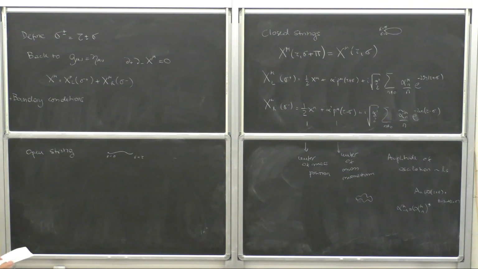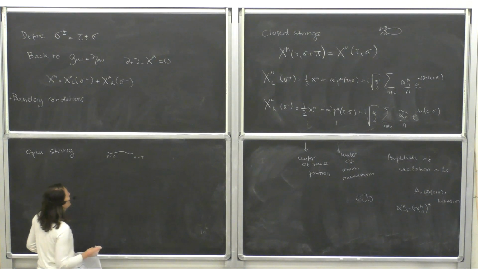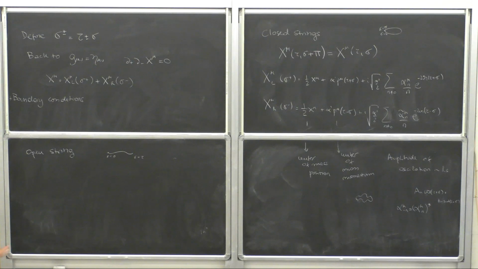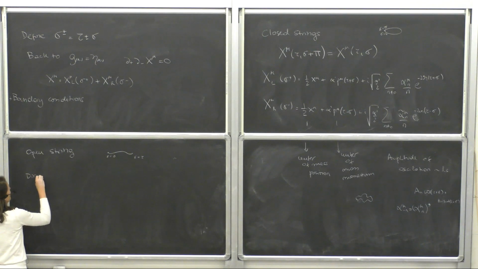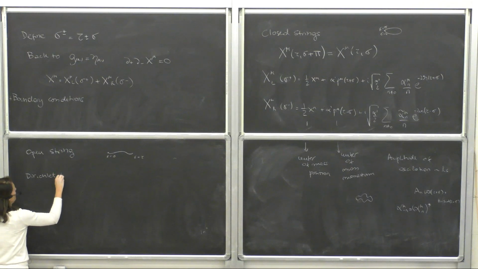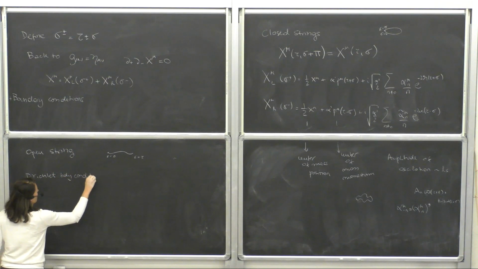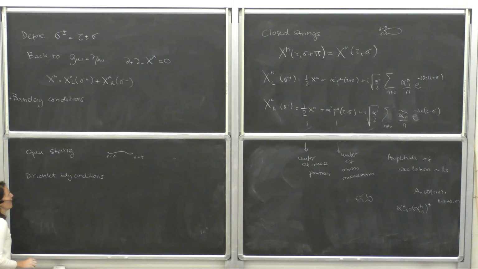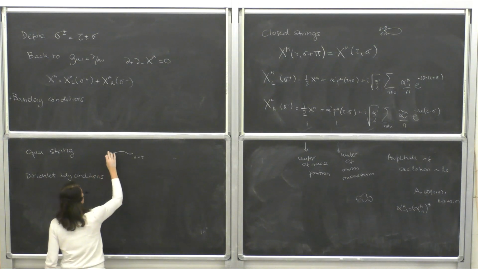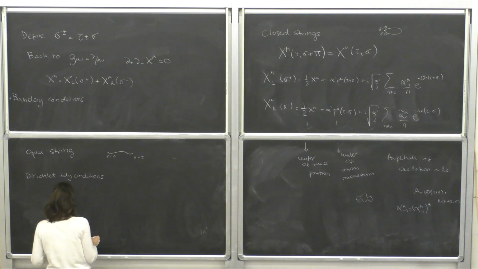Right, you can have a few answers at the same time. You can have either Dirichlet boundary conditions, and that means that one or the two ends are fixed.